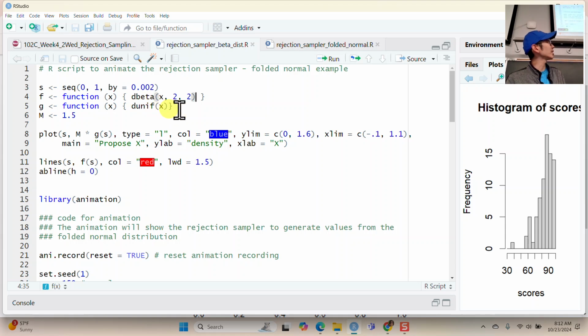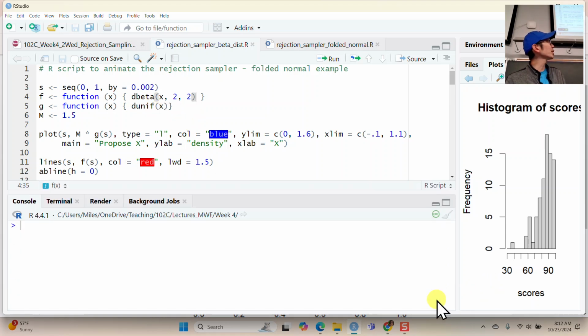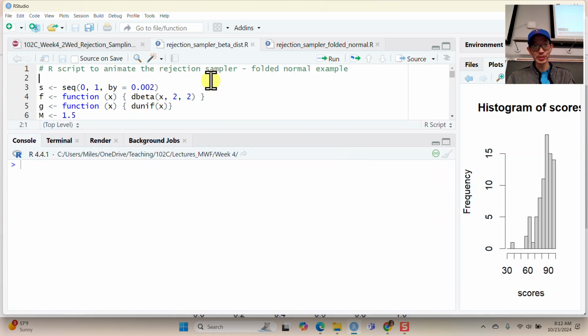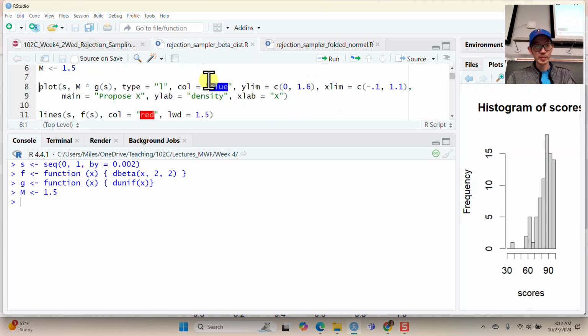And so dunif is just going to output 1 no matter what I plug into G, unless I put in a value greater than 1 or a negative value.